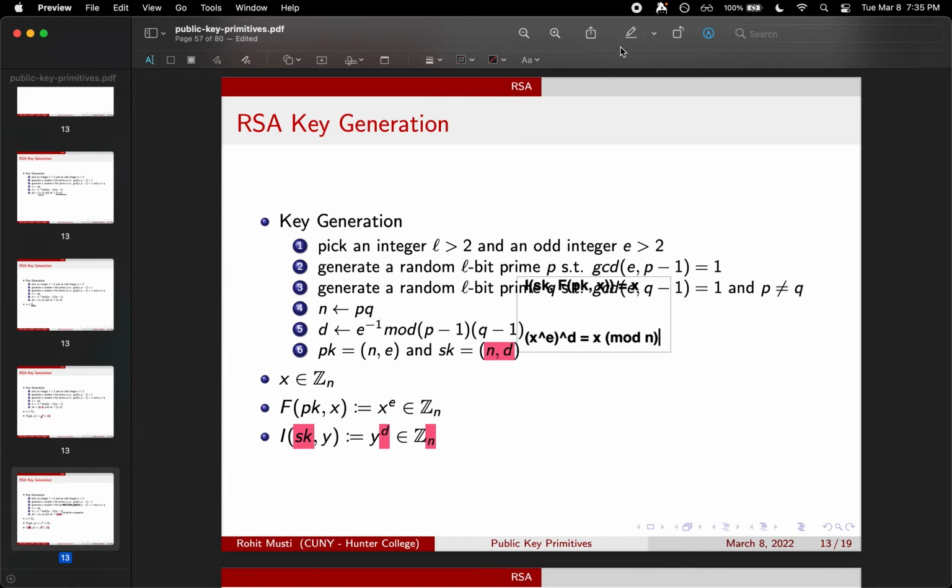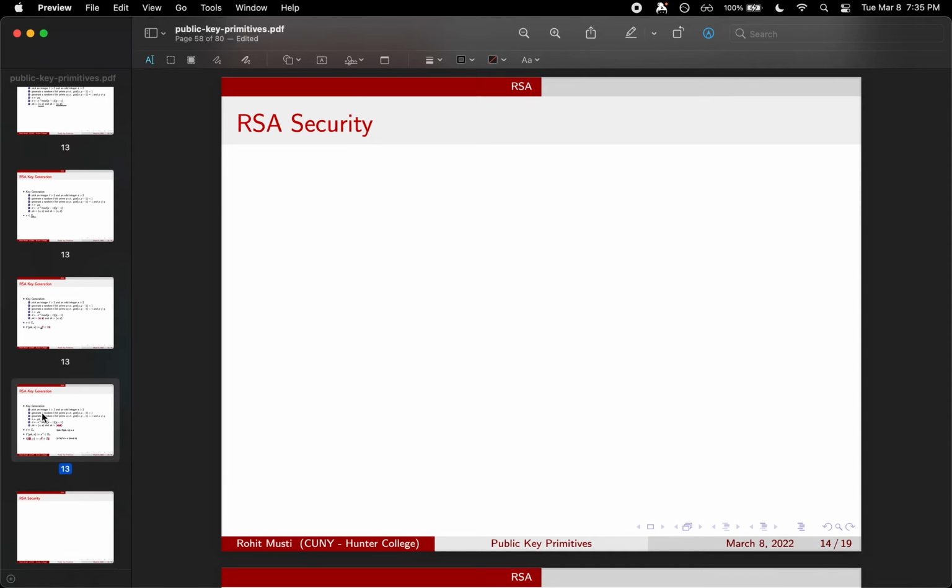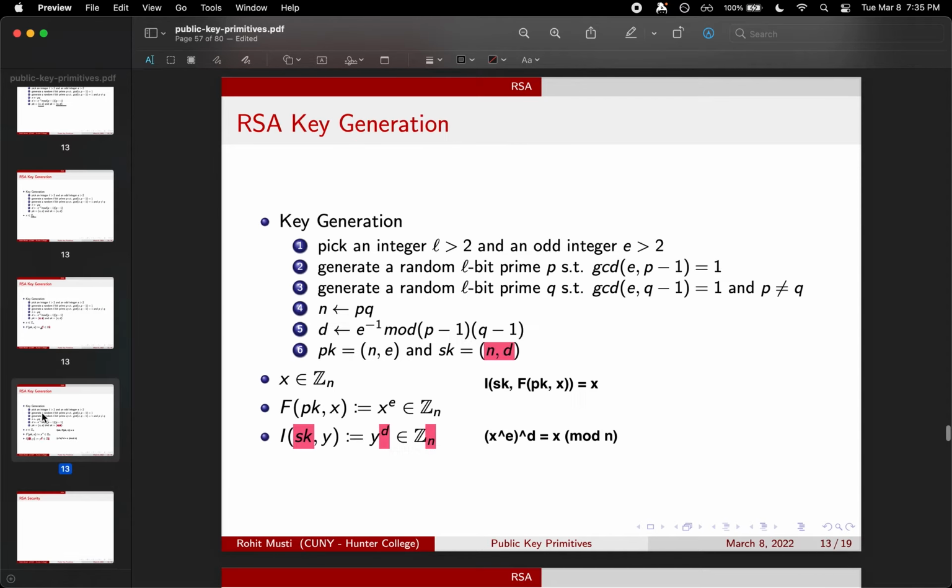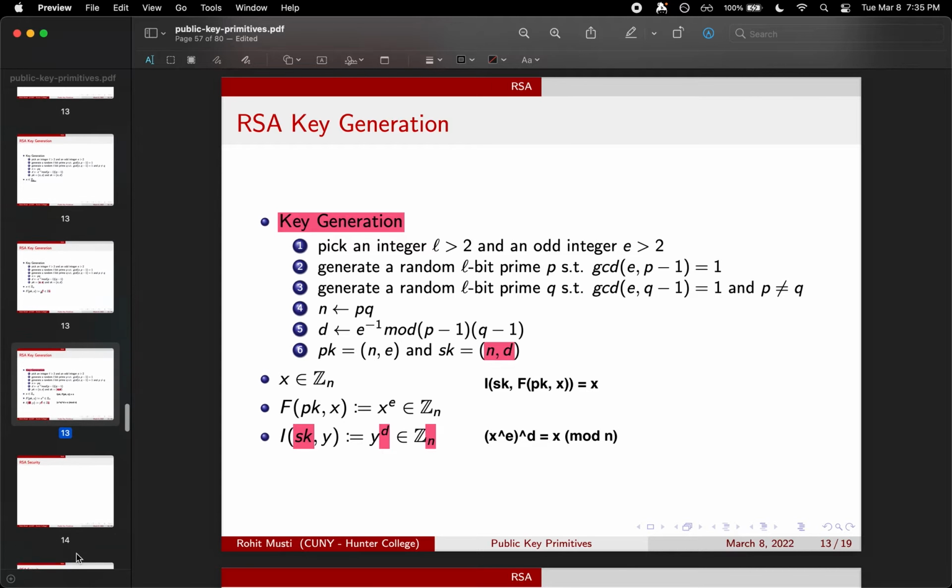So this is what the correctness requirement would look like for RSA. That's RSA key generation plus the trapdoor function. This step is the key generation, and this step down here is the one-way function.